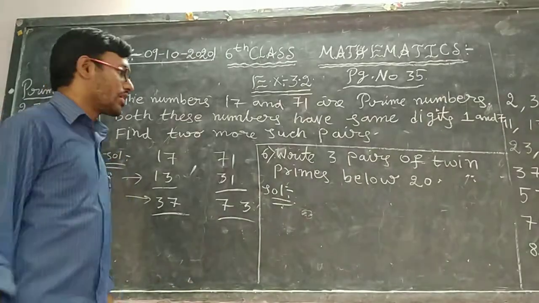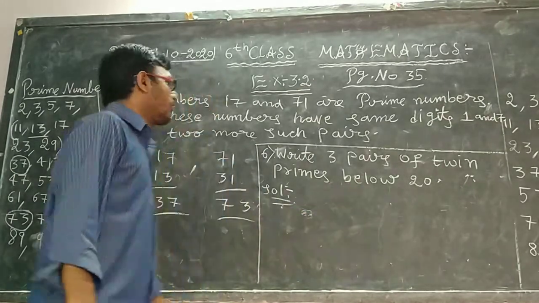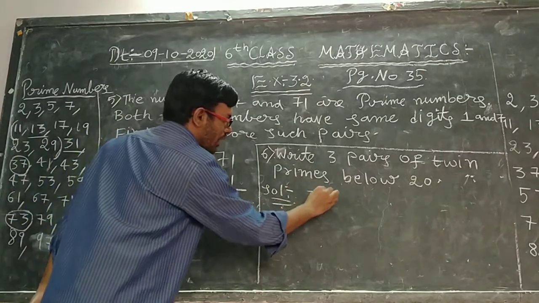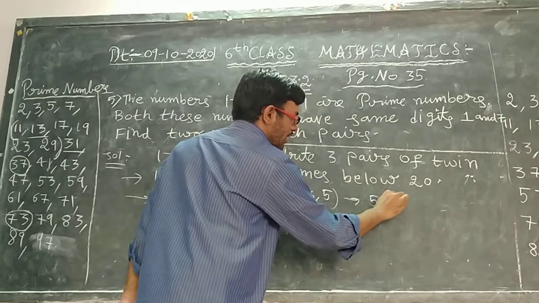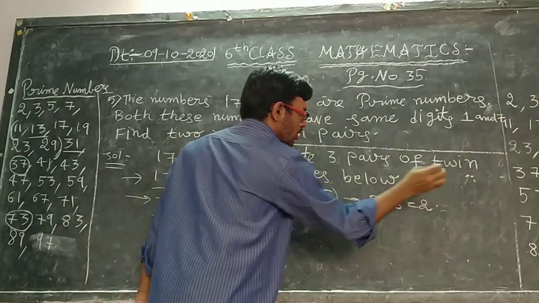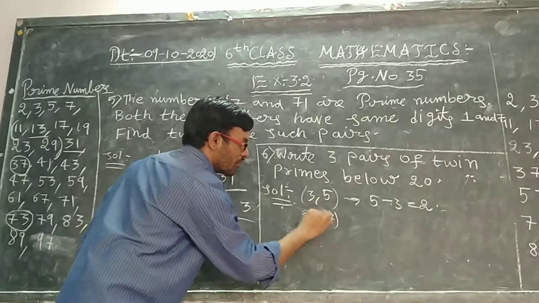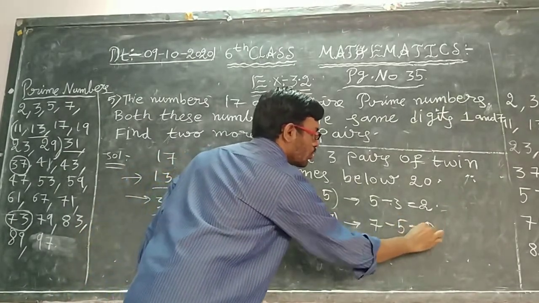In those 8 pairs, which twin primes are below 20? One is 3 comma 5, because 5 minus 3 is equal to 2. Next 5 comma 7, because 7 minus 5 is equal to 2.